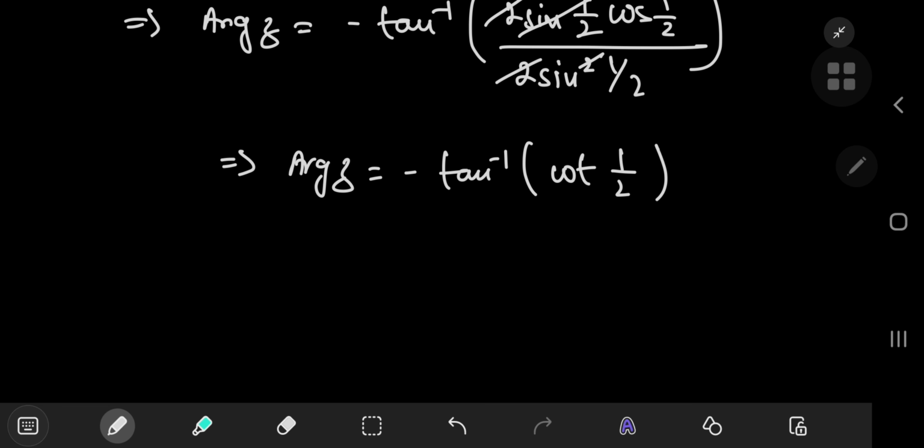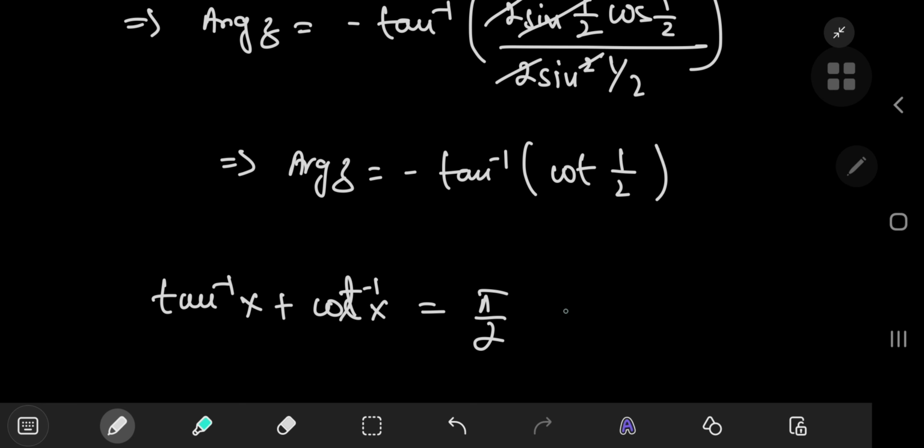And there's a really nice relation between tangents, inverse tangents and cotangents that's going to come in handy. We know that the inverse tangent of x plus the inverse cotangent of x equals pi by 2. So this implies that inverse tangent x equals pi by 2 minus inverse cotangent x.